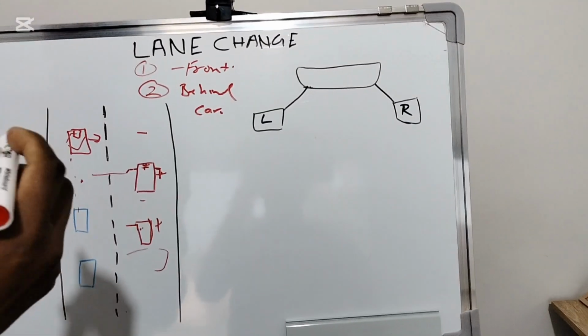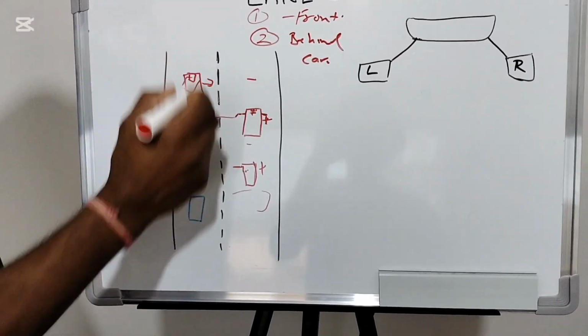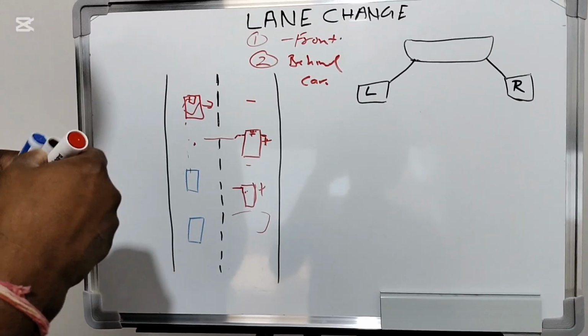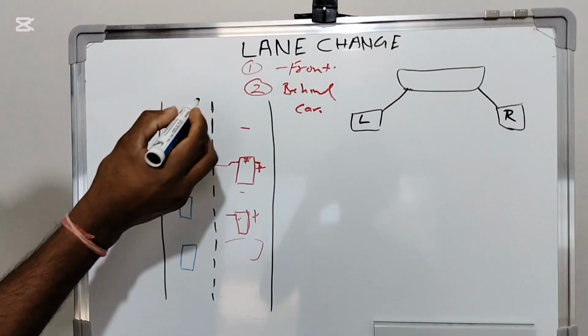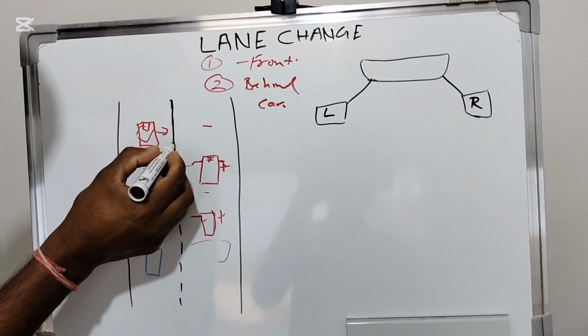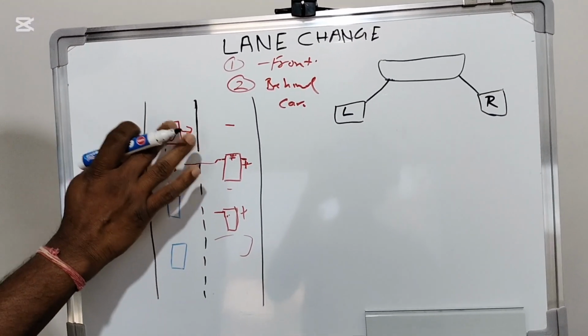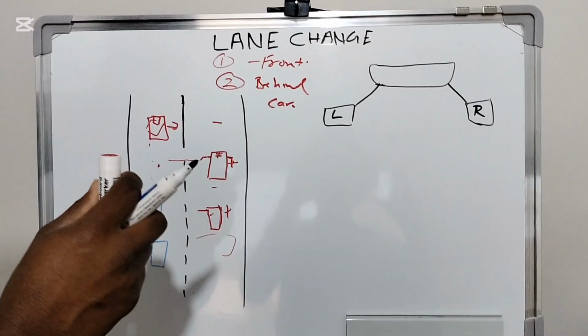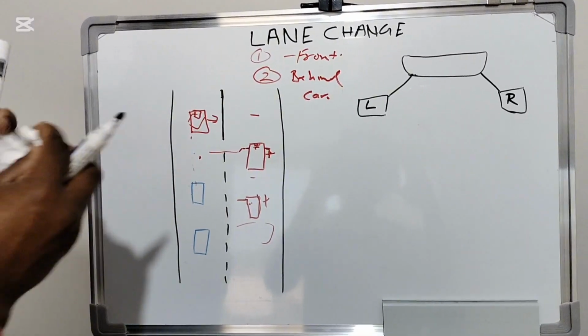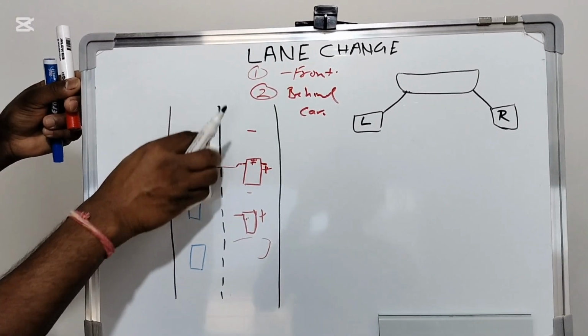Another thing learners do: for example, we move in the lane. If anywhere you see the strong line, the solid line, we are not allowed to do lane changes on the solid line. Sometimes before the school crossing, before any pedestrian crossing, you can see the solid line.